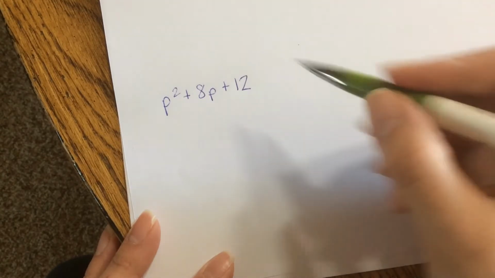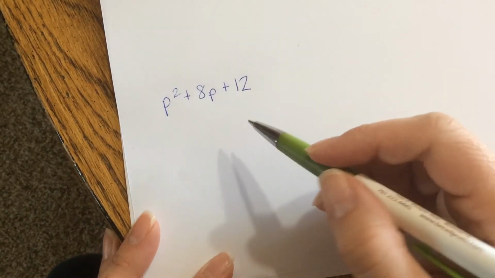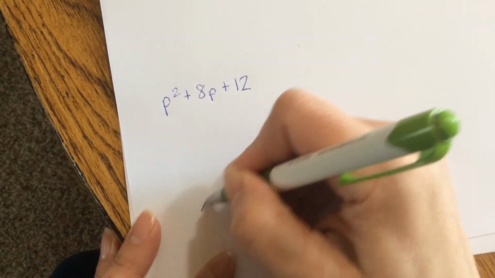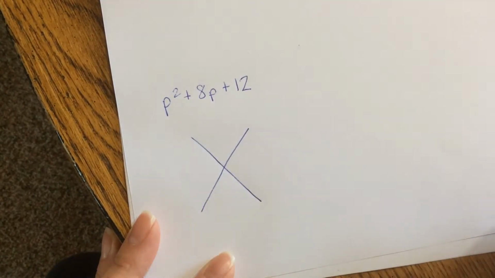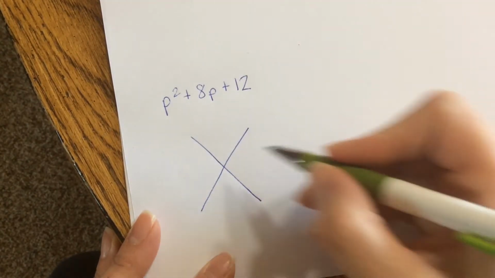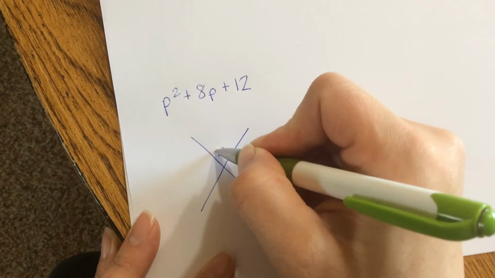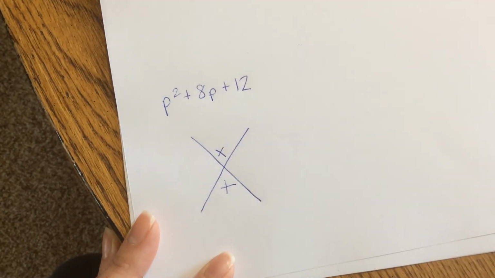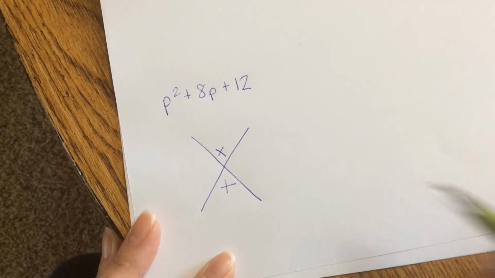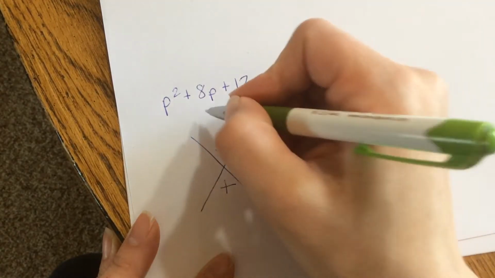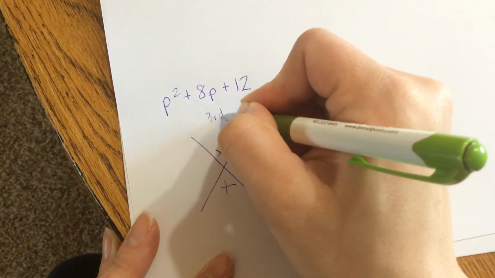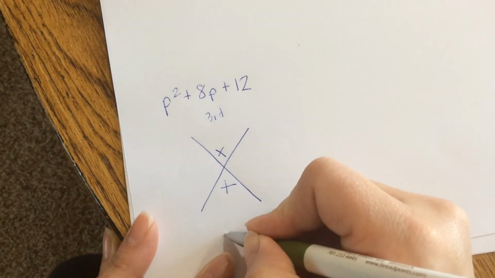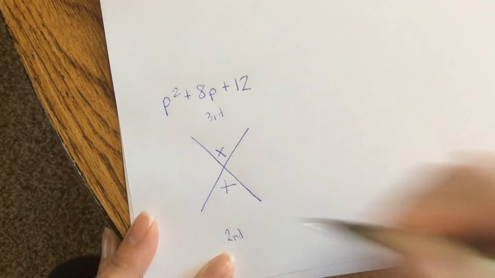Since this doesn't have a leading coefficient other than 1, I'm going to use the x method. Whatever I have up here is going to be multiplied. Whatever number I put down here is our adding term. This up here is always for our third term, and this one down here is for our second term.